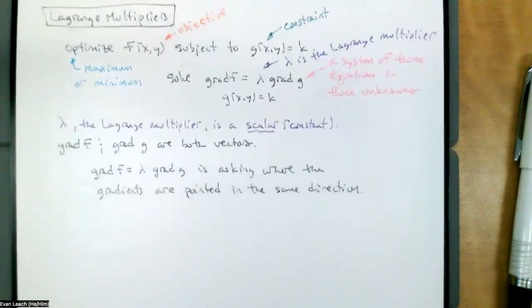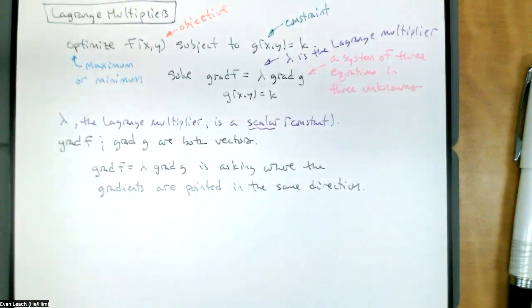We're looking for a place where the gradients are pointed in the same direction. The direction of maximum increase for both the objective and the constraint is the same.